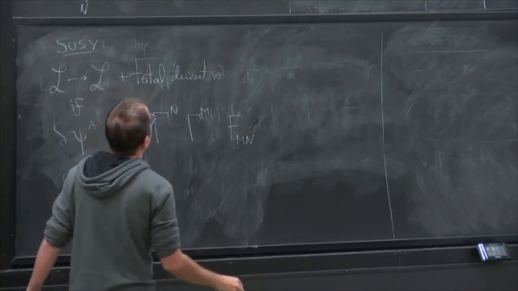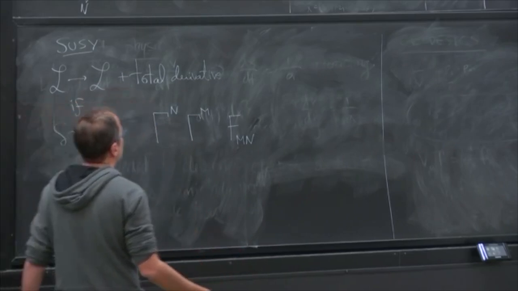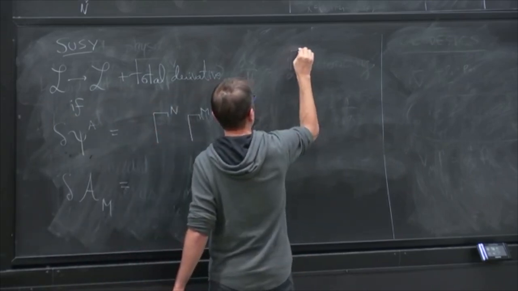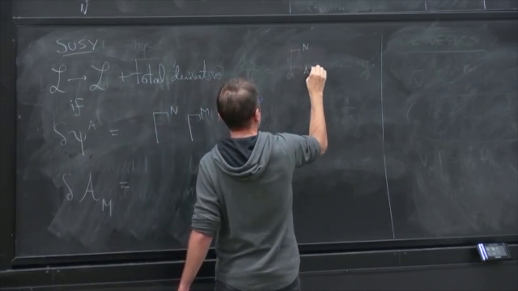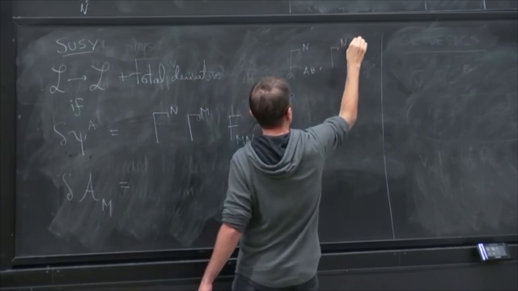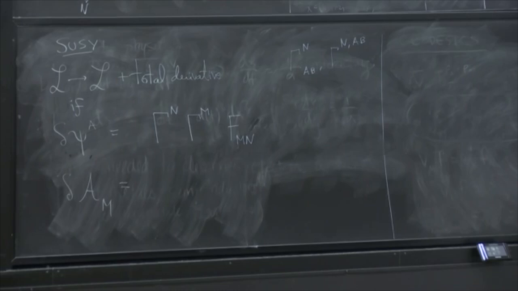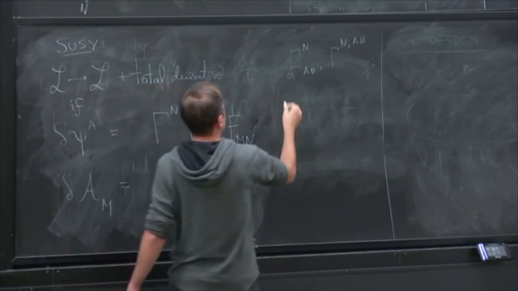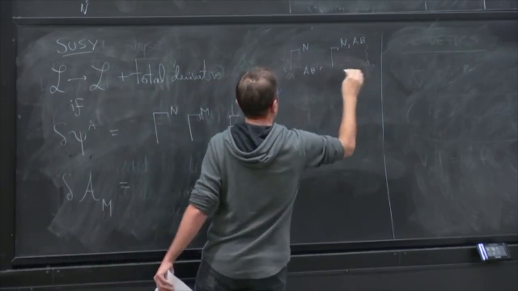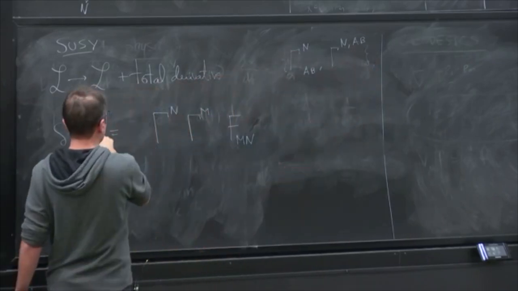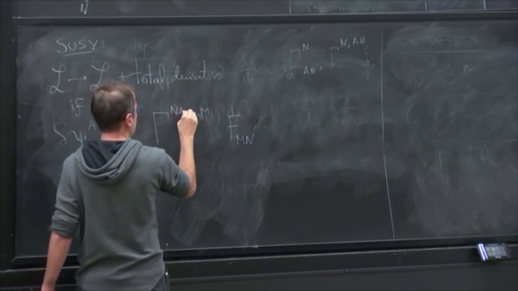As usual, we actually have gammas at our disposal. We have gammas with lower spinor indices, and we also have gammas with upper spinor indices that are defined in a similar way. Like in 4 dimensions, you can define sigma with mu downstairs and sigma with mu upstairs. It will be the same type of relation, and there's some Fierz identity between them. So they both exist in 10D. Here we want an index A, so it's clever to put here AB.